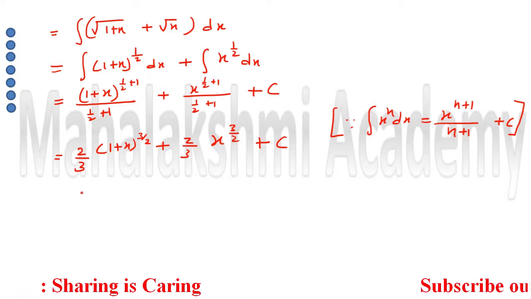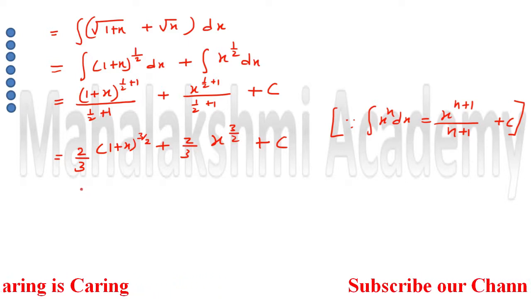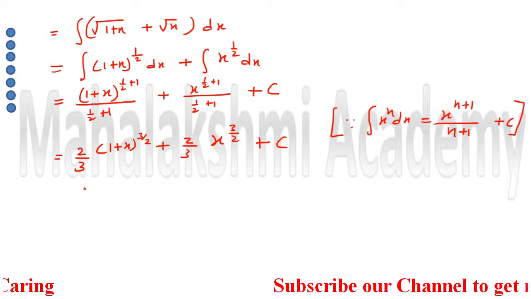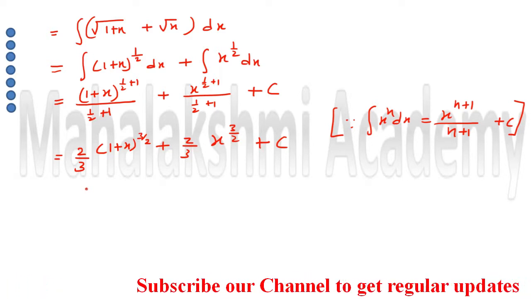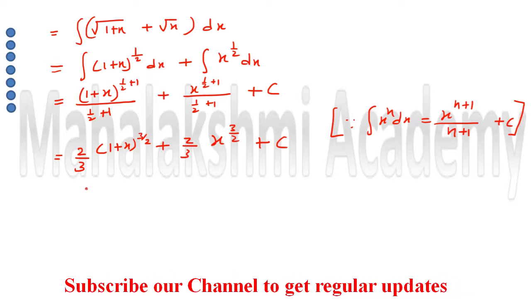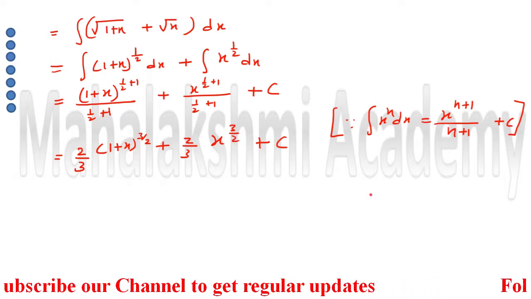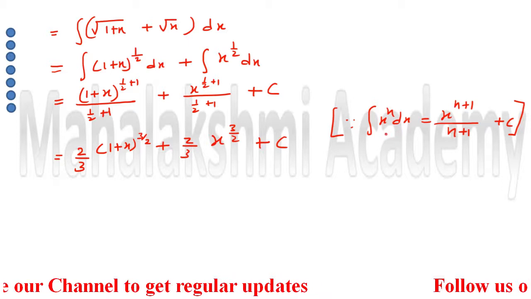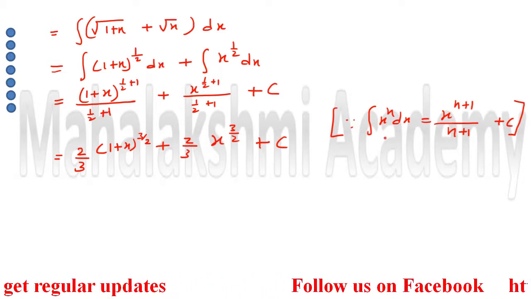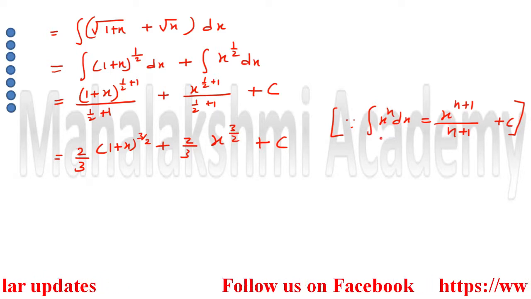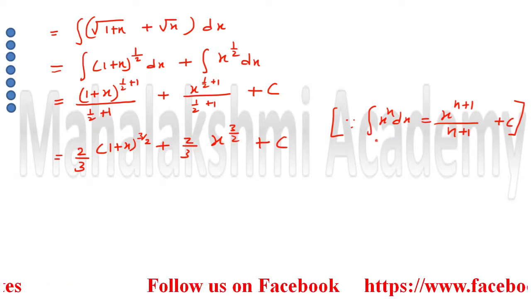The thing is, integration is different from differentiation in this aspect: whatever question we are getting in integration, we have to convert that question into some standard result of integration. You cannot blindly go like differentiation, where by using the chain rule we used to do anything. Here we are bound.